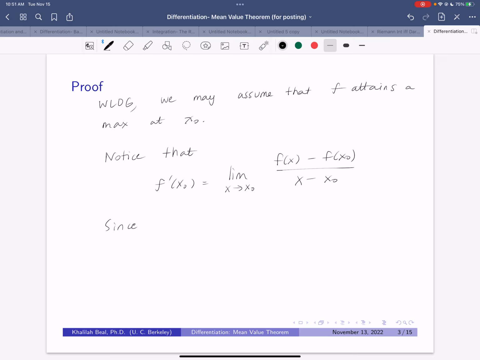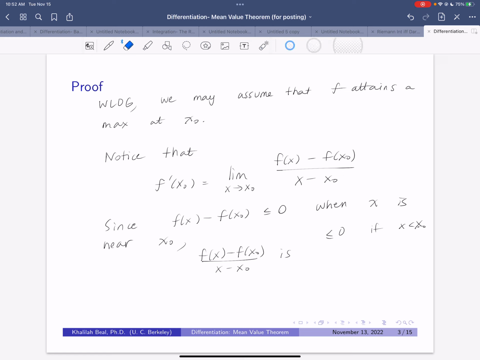Since f of x minus f of x naught is less than or equal to 0 when x is near x naught, the difference quotient, f of x minus f of x naught over x minus x naught, is greater than or equal to 0 if x is less than x naught, because we're taking a negative number and dividing by a negative number, so we'll have a positive number.